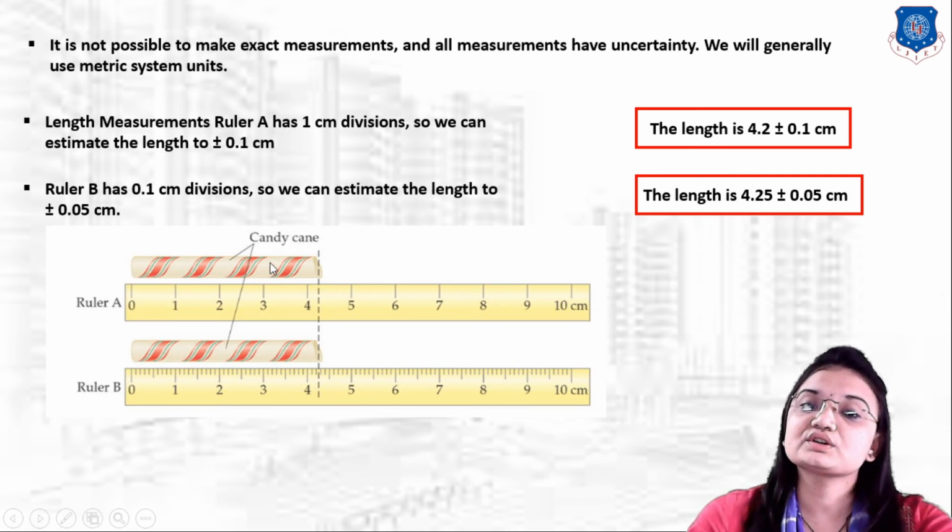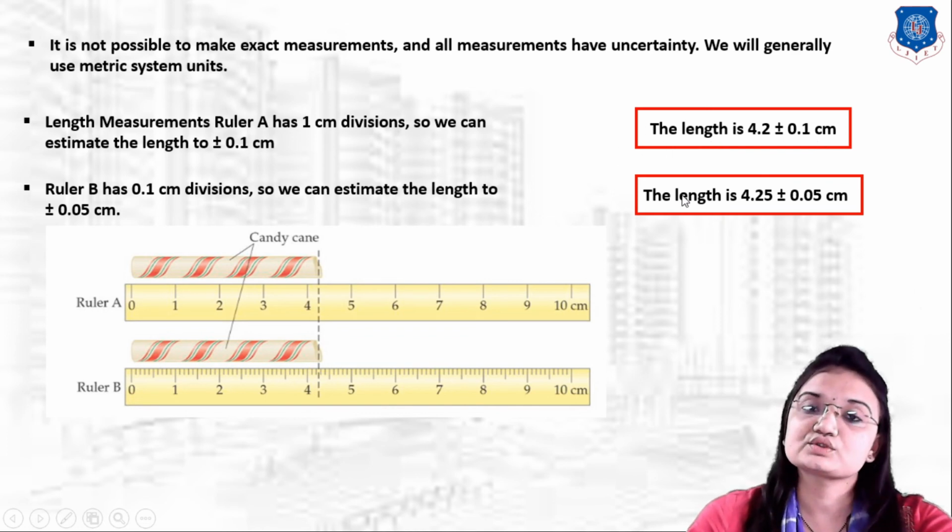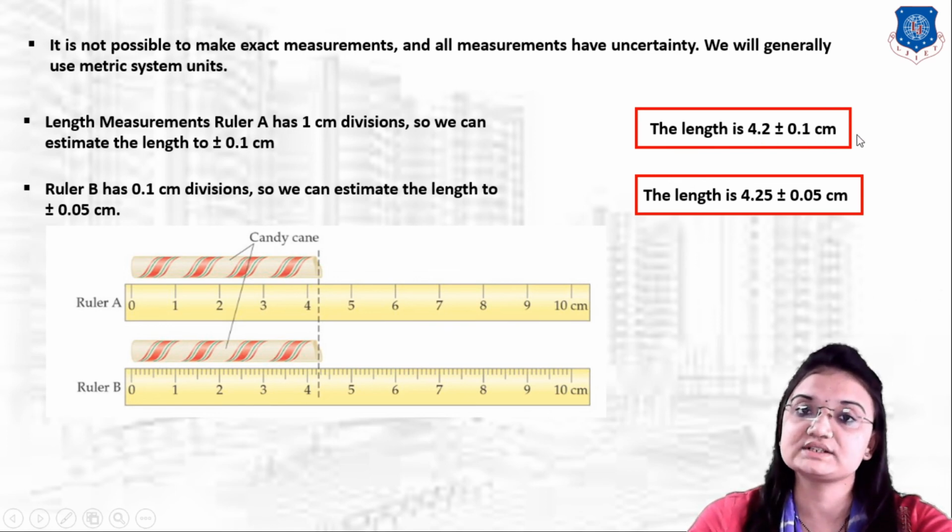We can say that the length of this can is 4.2 plus or minus 0.1 centimeter. It could be 4.3 centimeter or 4.1 centimeter. That's why we represent it in the form 4.2 plus or minus 0.1 centimeter.